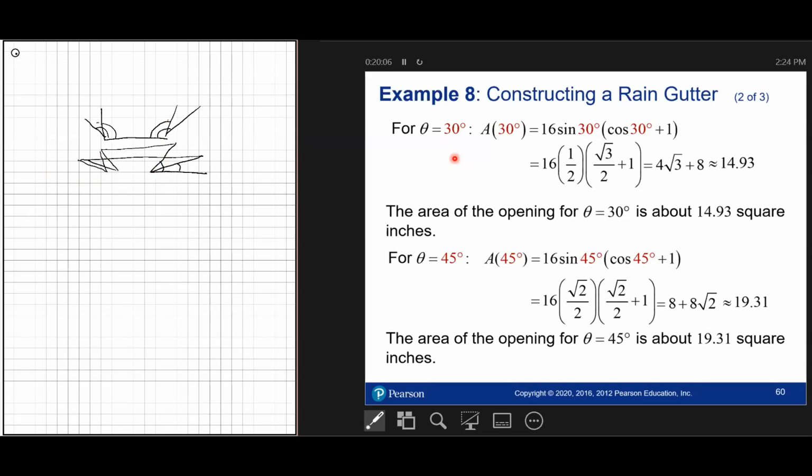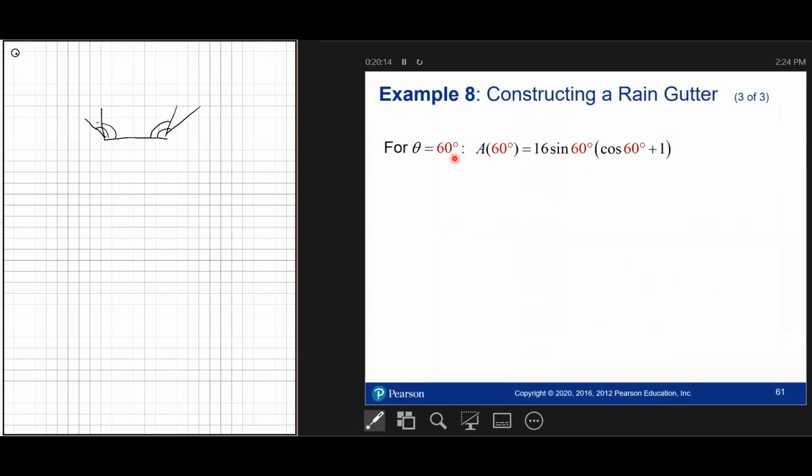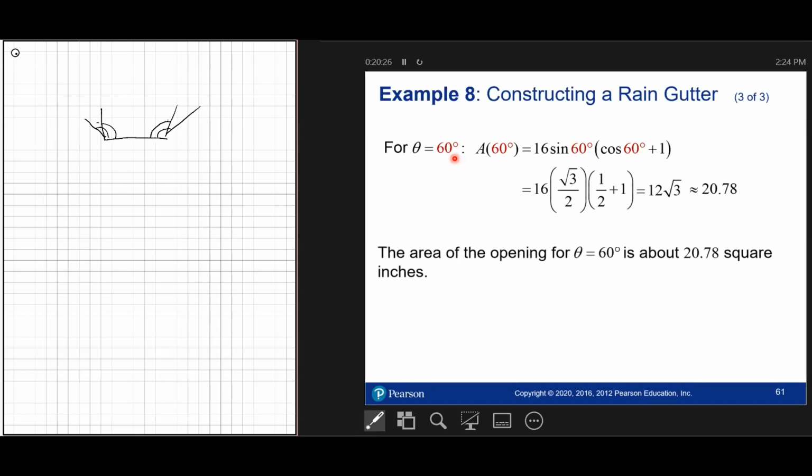My drawing's kind of crappy. But then you go to the 60-degree angle and it increases the volume even more to 20.78 square inches.